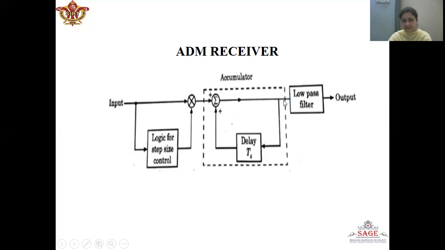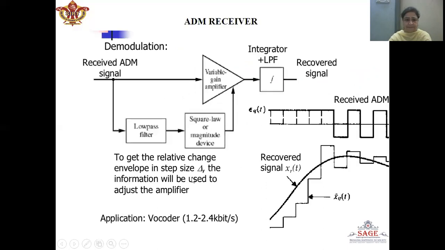This previously predicted sample, when added to the error signal, generates the quantized signal, which has an amplitude closer to the message signal. When it is given to the low pass filter, it generates an output similar to the message signal which was transmitted.